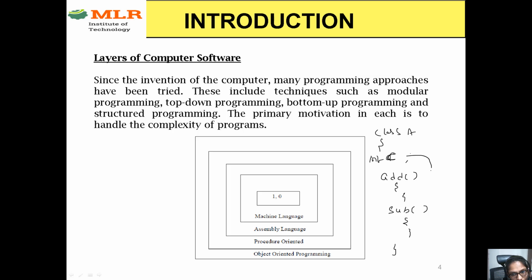Now this data item can be accessed within add as well as sub. This data item cannot be accessed outside of this class. That means no other function or no other class can access this data. In this way you are providing security for your data in object oriented programming.